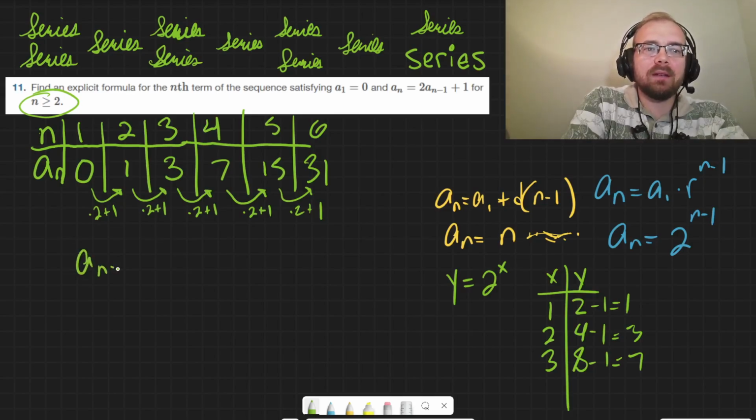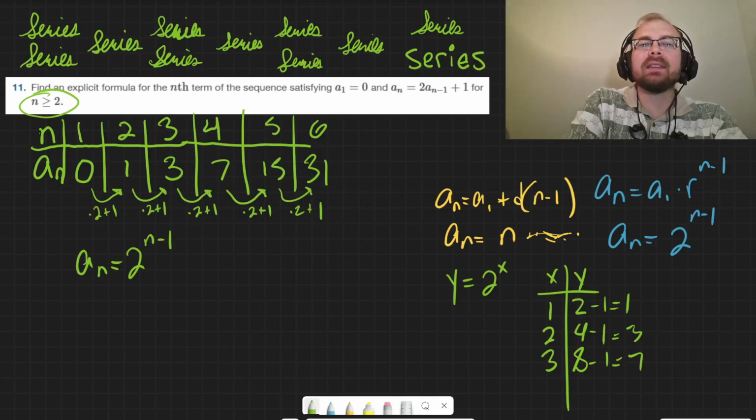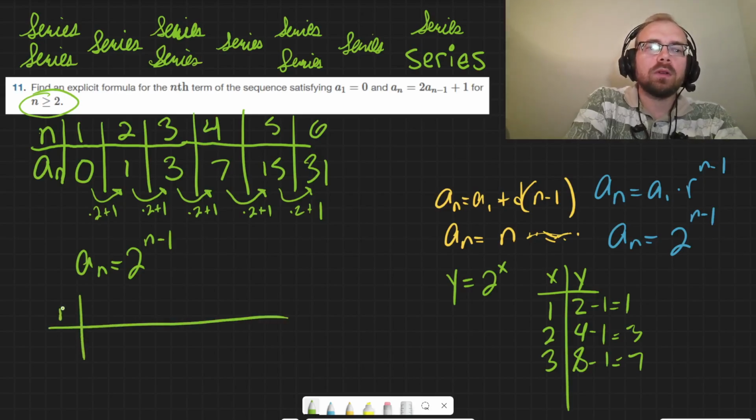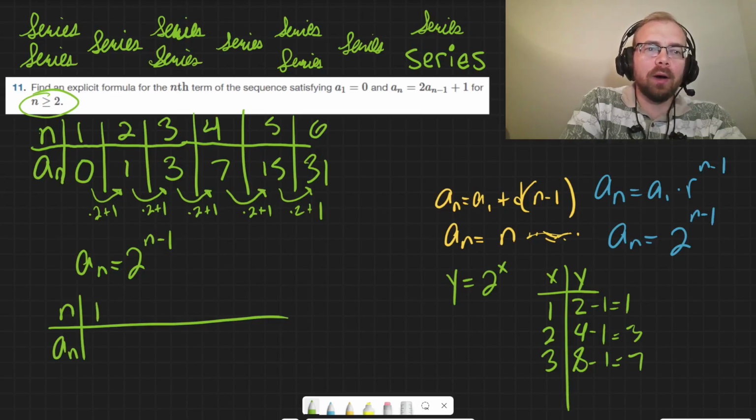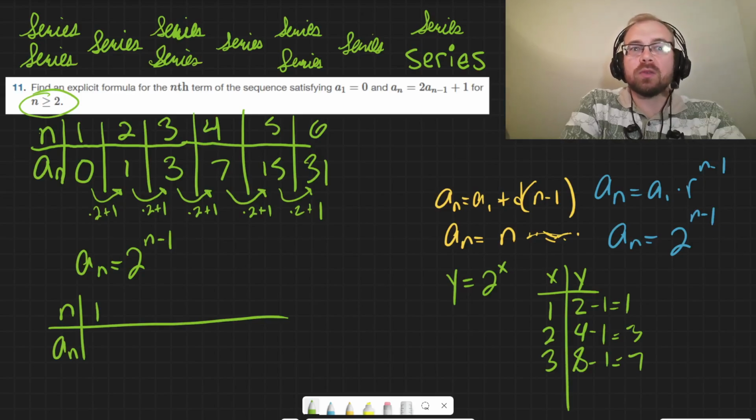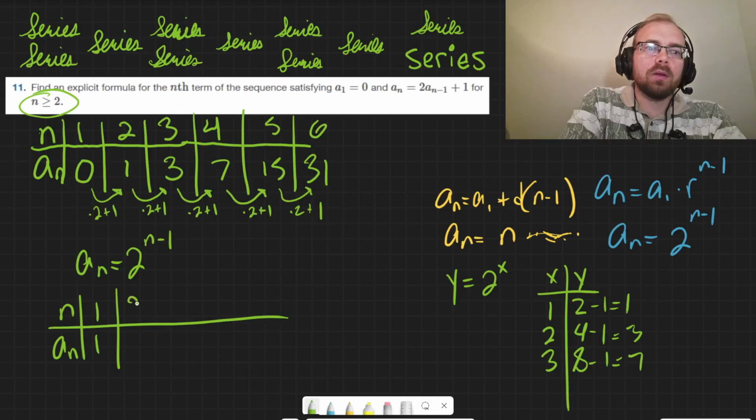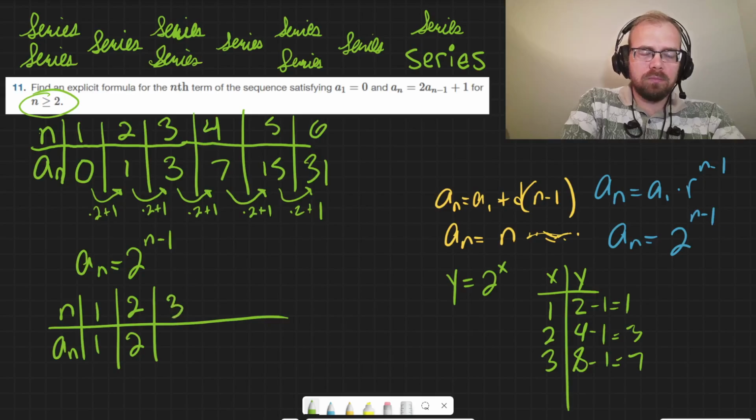So if I say a sub n is equal to 2 to the n minus 1, let's see what happens. When n is 1, that would be 2 to the 1 minus 1, which is 2 to the 0, which is 1. When n is 2, that's 2 to the 2 minus 1, which is 2 to the first power, which is 2. When n is 3, 2 to the 3 minus 1 is 2 squared, which is 4. Oh, hold on, did I say something wrong?